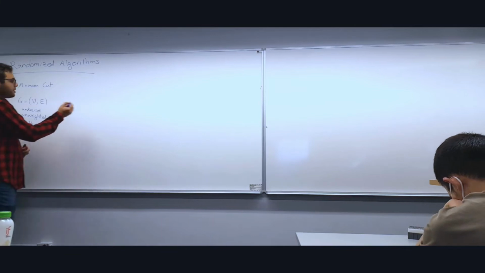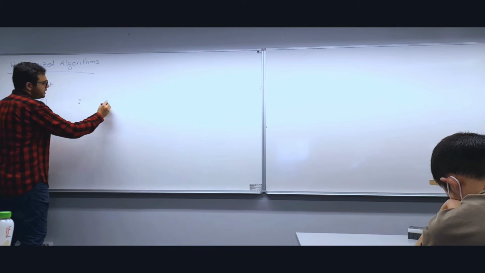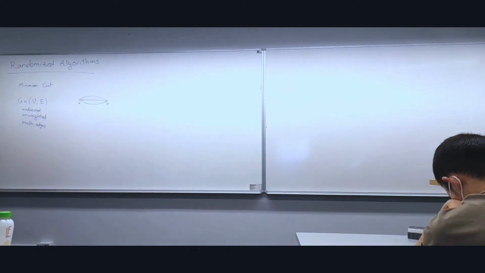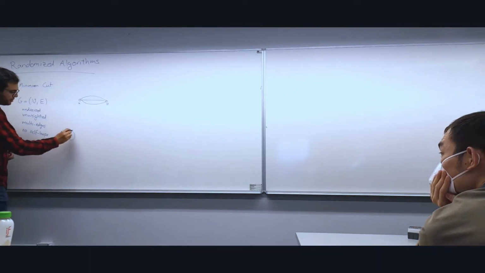So I can have a case where I have a vertex U and a vertex V, and many edges going between them. But to make it a little bit simpler, let's say I don't have self loops. So I don't have an edge going from a vertex to itself. This is not allowed.